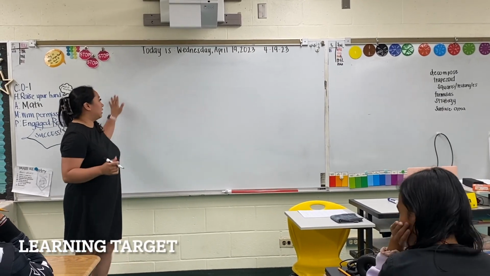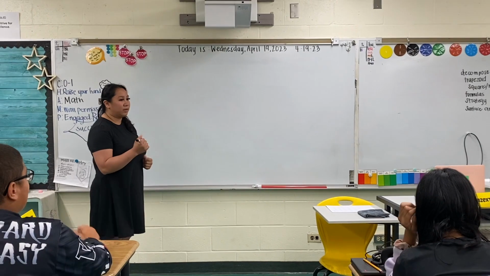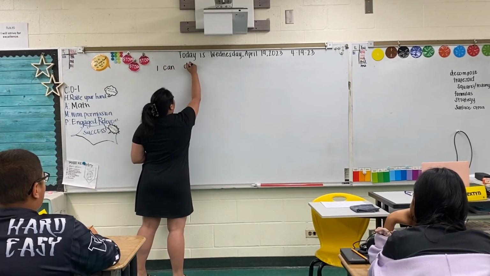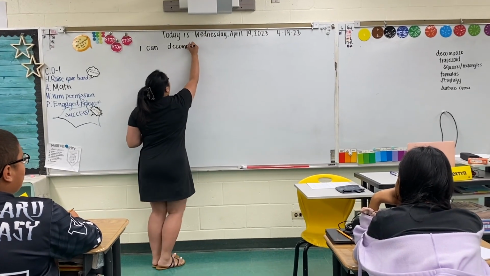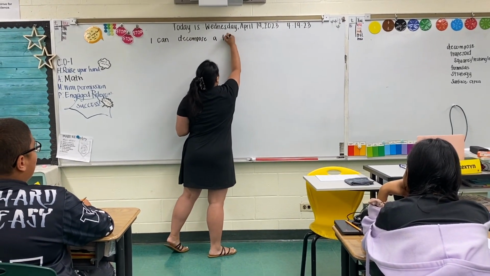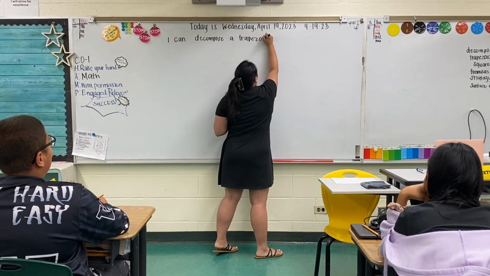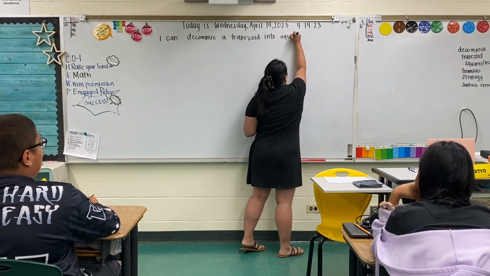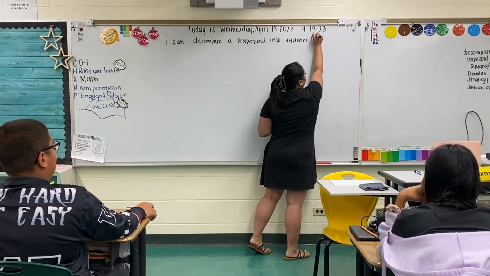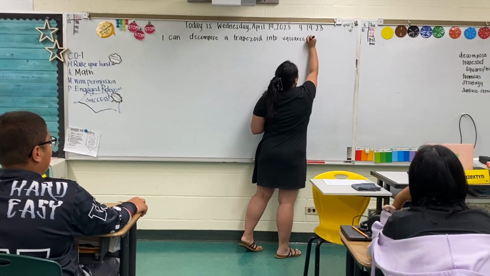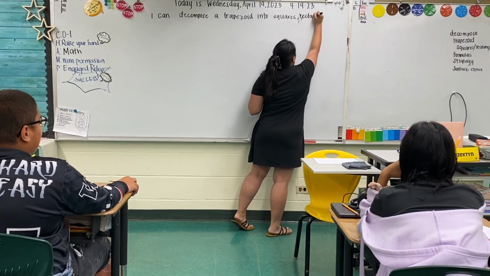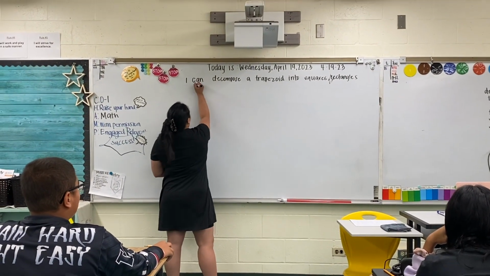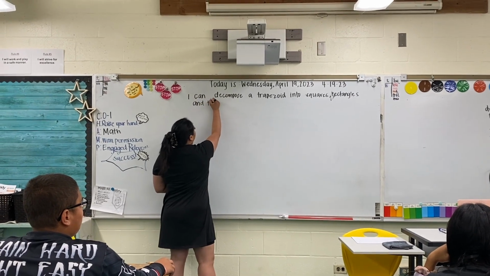So what is our I can statement that we can come up with using those words? I can decompose a trapezoid into squares and rectangles. Oh, sorry. Rectangles and triangles.